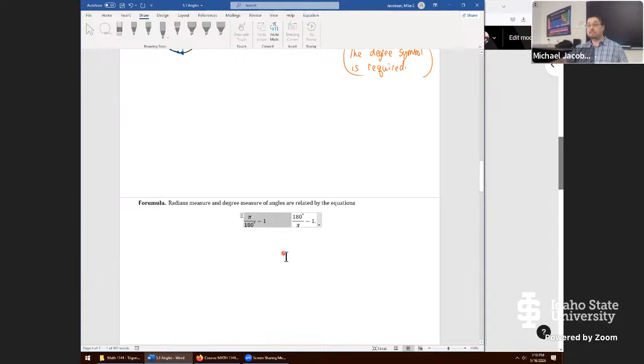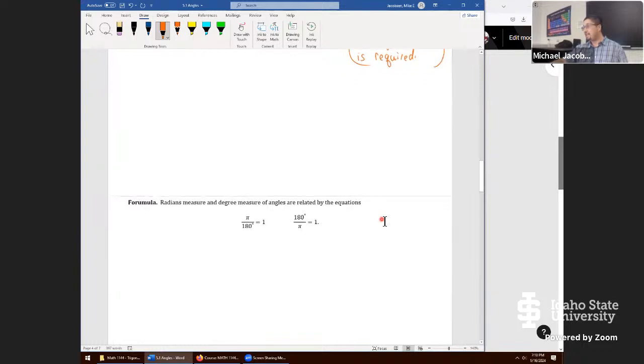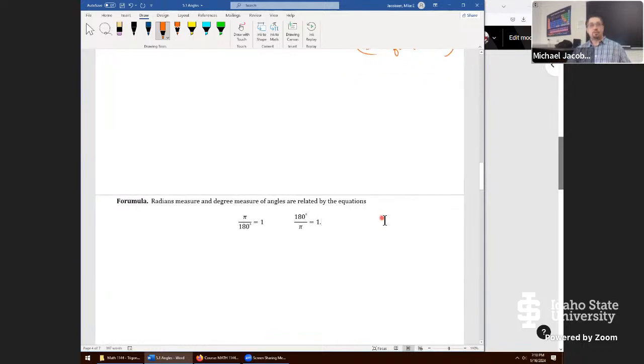Pi divided by 180 degrees is 1, and vice versa, 180 degrees divided by pi is also 1. So we have two conversion factors, and you would use this one to convert into radians. The fact that that first equation has degrees in the bottom means degrees would cancel as a unit.